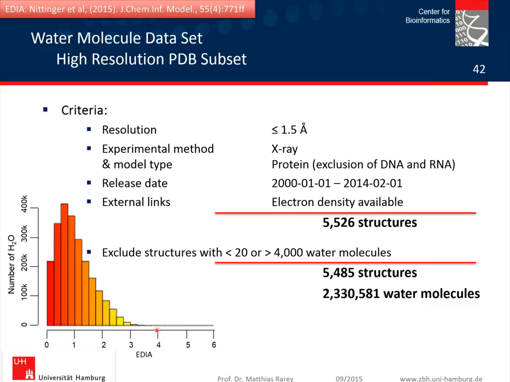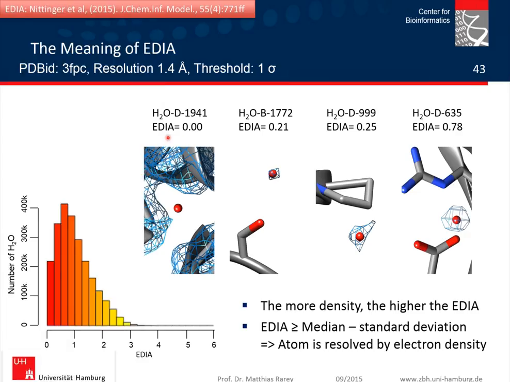To give you an impression of what these numbers actually mean, they are not normalized, as you see here. I have just a few examples. This is an EDIA value of 0. You basically see a structure like this, a water molecule with no electron density support. And I hope you immediately recognize how high this bar actually is. There are a lot of water molecules where you have no electron density support.